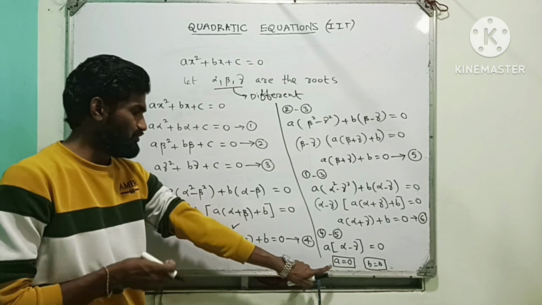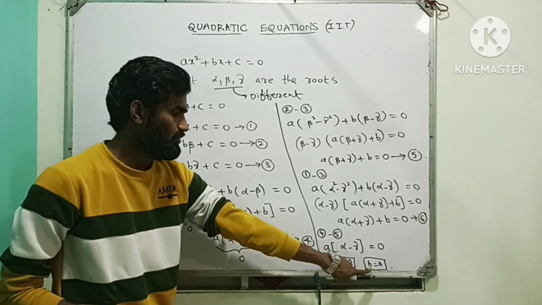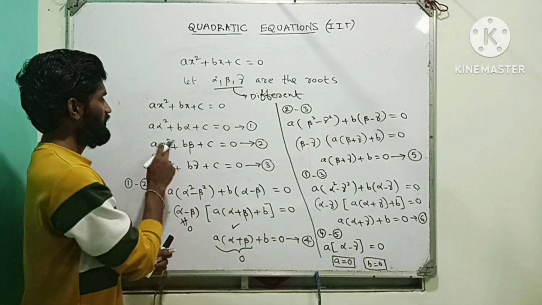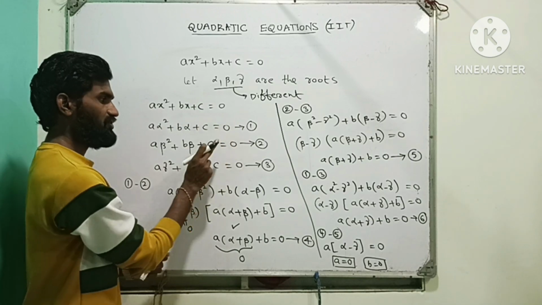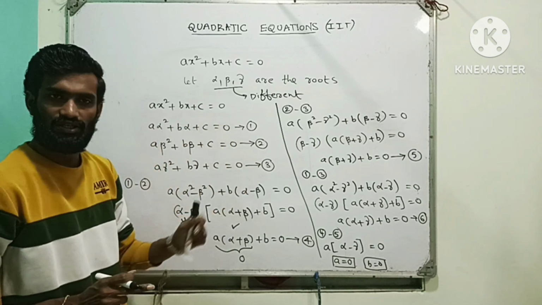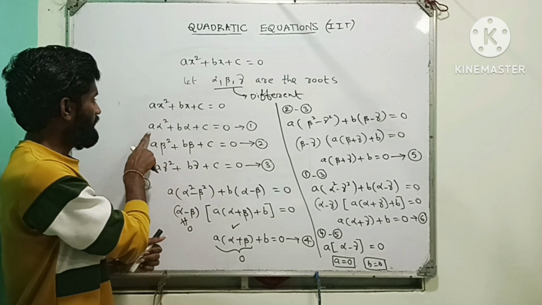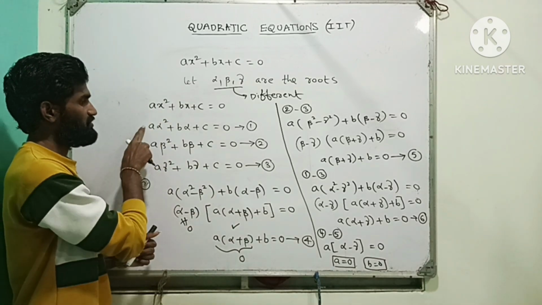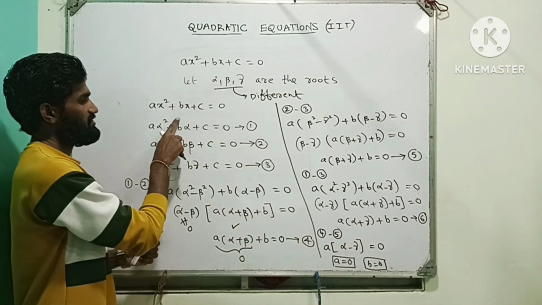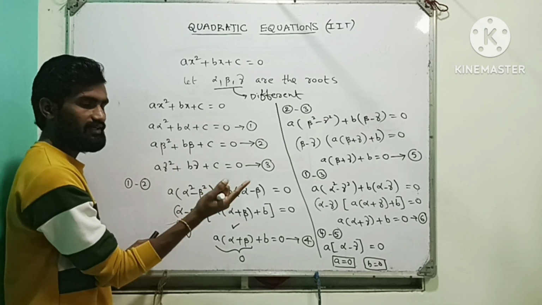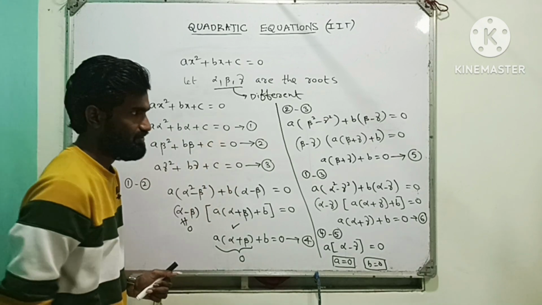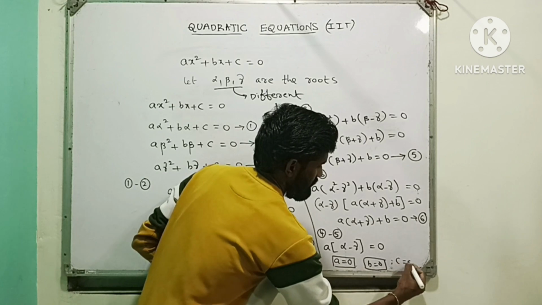Now substitute a equals 0 and b equals 0 either in this equation, or this equation, or the third equation. So what you will get: a equals 0 means this total term is 0, b equals 0 means this total term is 0. Then you will get c equals 0.